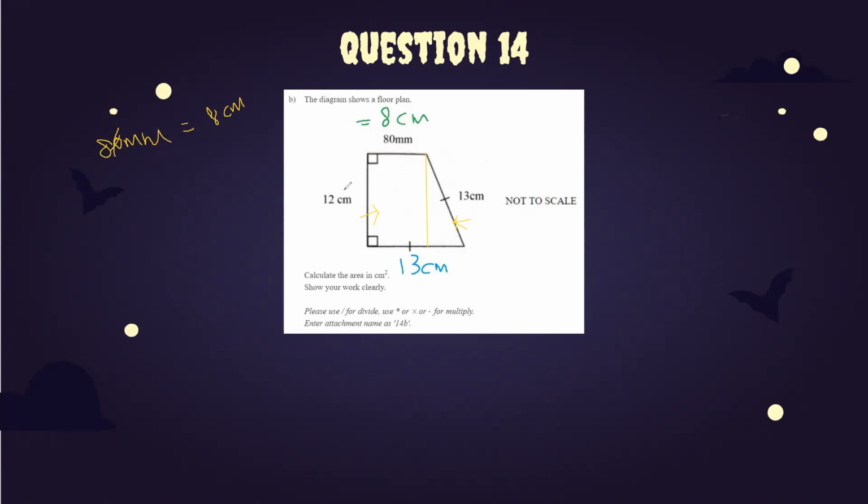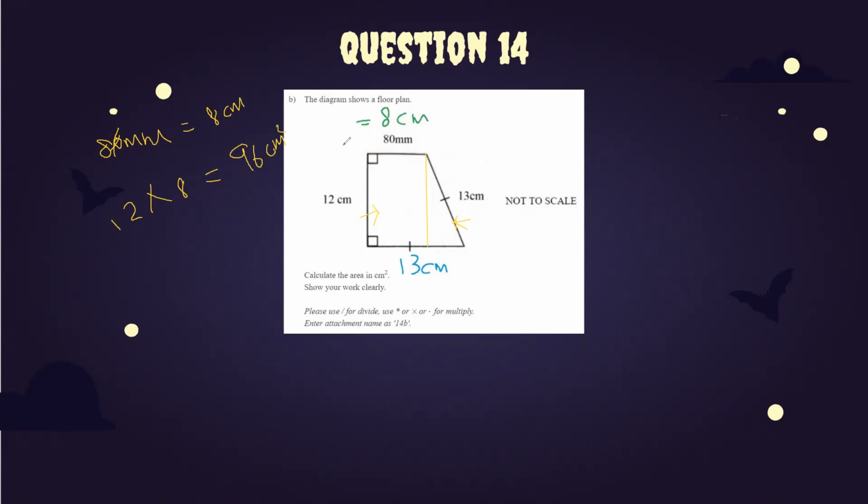For the rectangle, you can find the area easily by times 12 times 8. So 12 times 8 equals 96 cm square.